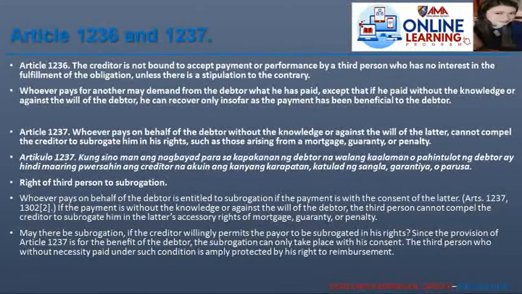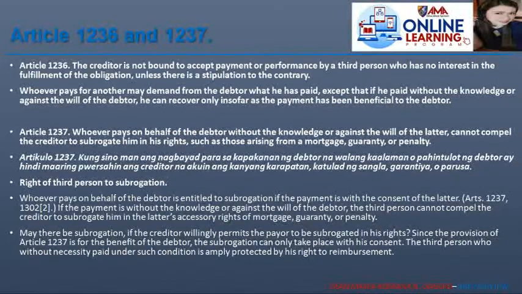Halimbawa, sa pagsanla, okay, ikaw na lang nagbayad nung nakasanla para sa iyo na yung item na yon, no? Eh hindi naman alam ng may-ari. So hindi po pwede. So whoever pays on behalf of the debtor is entitled to subrogation if the payment is with the consent of the latter.